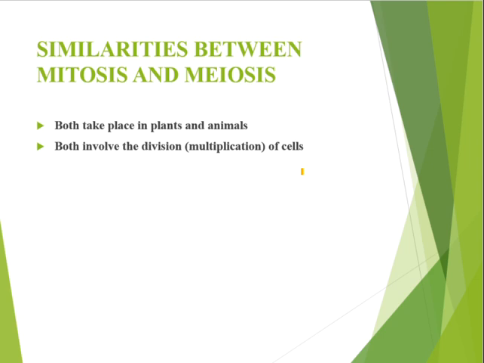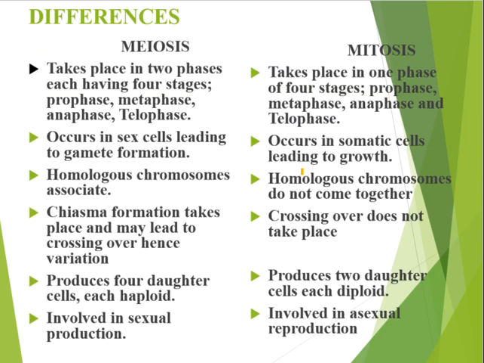Let's look at the similarities between mitosis and meiosis. Both take place in plants and animals, and both involve multiplication of cells. Then differences: meiosis takes place in 2 phases, each having 4 stages, that is prophase, metaphase, anaphase, and telophase, while mitosis takes place in 1 phase of 4 stages: prophase, metaphase, anaphase, and telophase.